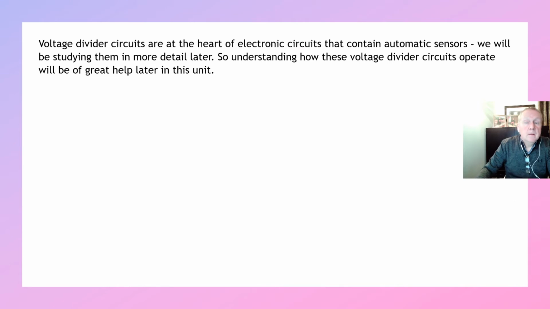Okay, so this is stuff I mentioned a wee while ago, that the whole voltage divider circuit questions are deemed to be quite difficult, or people find them quite hard. But if you can get a grasp of them just now, then it helps you with the sensing circuits that we're going to move on to in electronics.